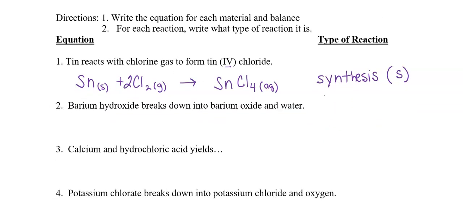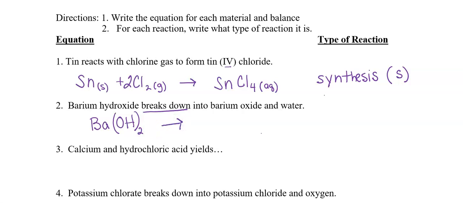Let's look at another one. Barium hydroxide breaks down. So I've even used the words appropriately for that type of reaction. So barium hydroxide, practicing barium hydroxide, barium, and then hydroxide is OH. OH is -1, but barium is a +2. So I do need to put my parentheses around there and put the 2 on the outside of the parentheses.